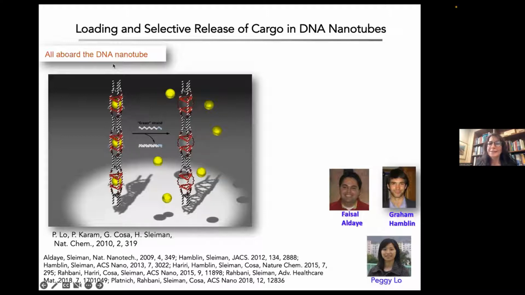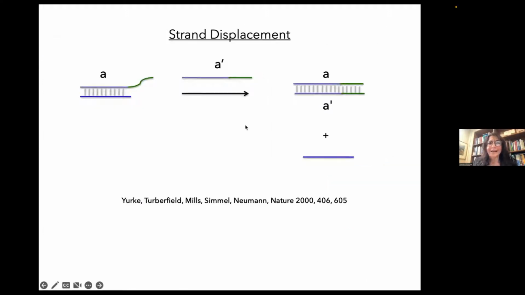And what does this behavior depend on? Let me tell you about one strategy that people in DNA nanotechnology use a lot, and that is strand displacement. This forms the basis of many of the nanomachines used in DNA nanotechnology, and it is going to form the basis of our releasing or conditional release strategies.